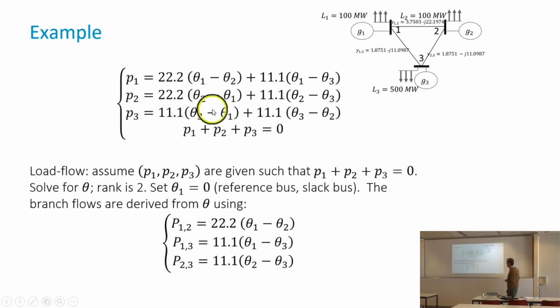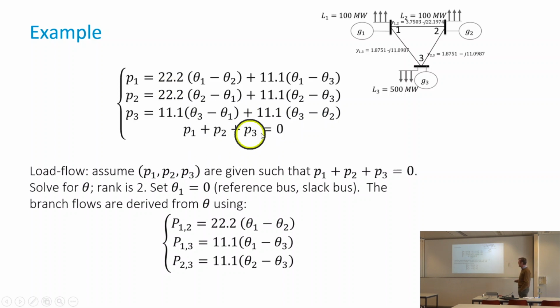We can also see that if we sum up all those equations, equation 1 plus equation 2 plus equation 3, we will obtain 0 on the right-hand side. On the left-hand side, we'll obtain P1 plus P2 plus P3. On the right-hand side, if we look at all the coefficients of theta 1, we have 22.2 theta 1 here, plus 11.1, and here minus 11.1, minus 22.2.